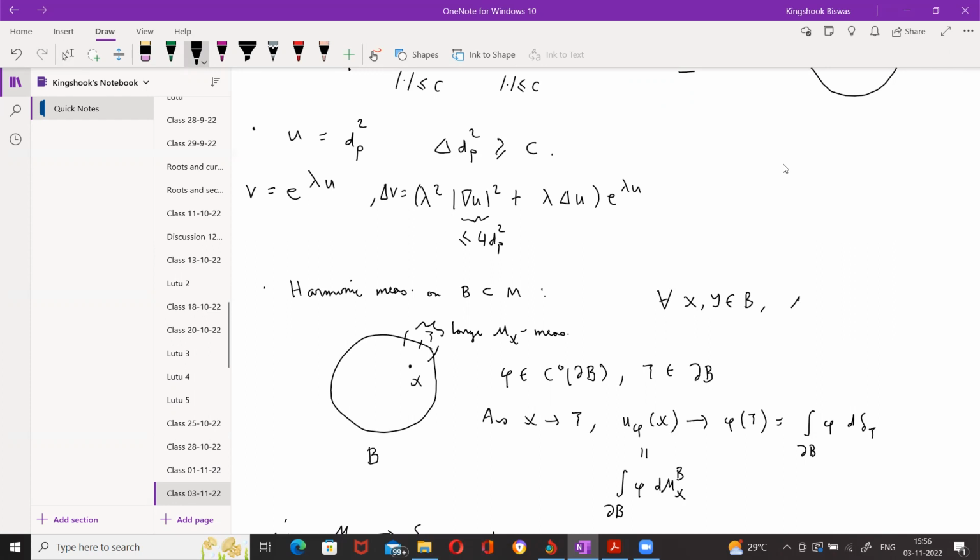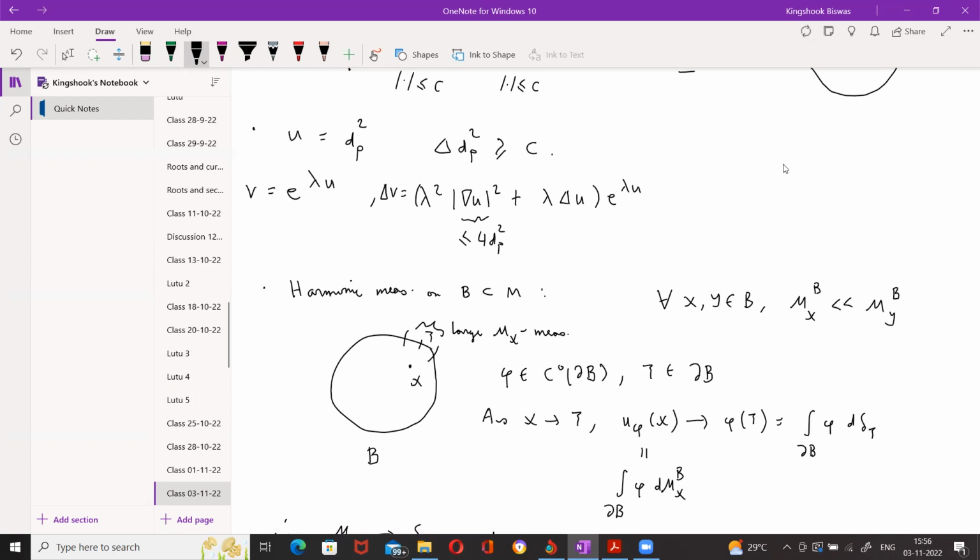Okay, so mu xb is absolutely continuous with respect to mu yb. So what is the Poisson kernel?